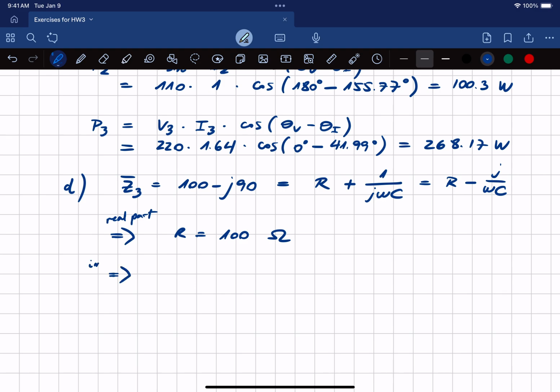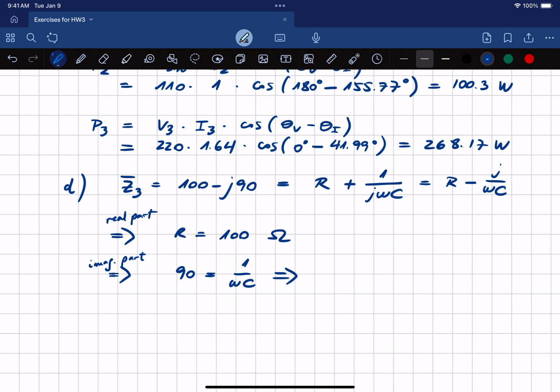Finally, for the imaginary part, we get that 90 has to be equal to 1 over omega C, right? The minus J are already equal, so we need to match the 90 with the 1 over omega C on the other side. So now frequency is very important.